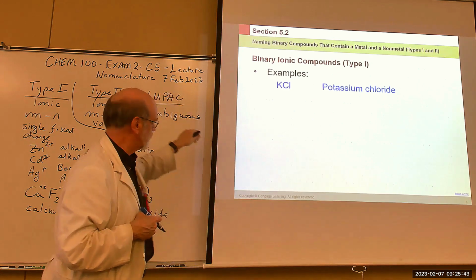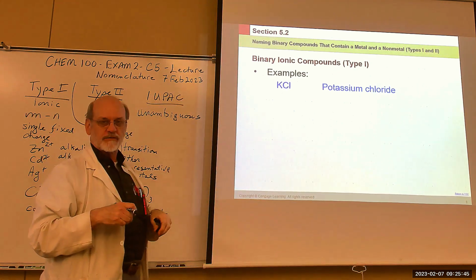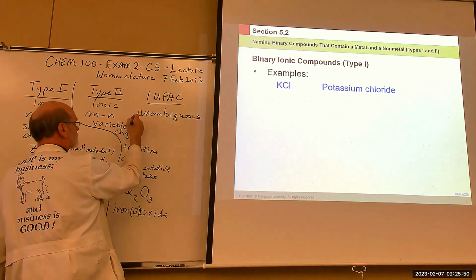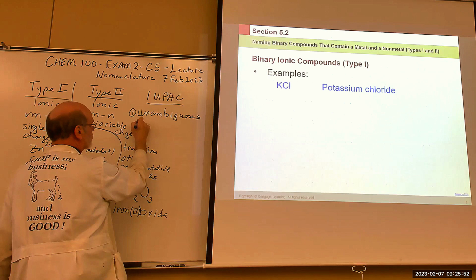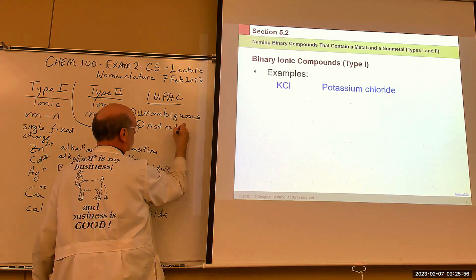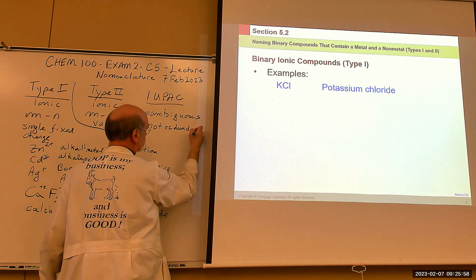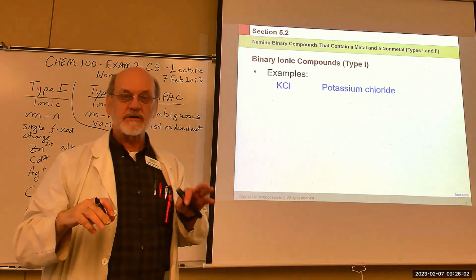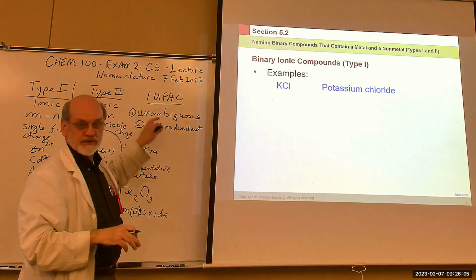That's unambiguous. There's no way to confuse it with something else. And then the other rule, this is rule number one. Rule number two is that they're not redundant. In other words, minimal information to convey an unambiguous nomenclature.